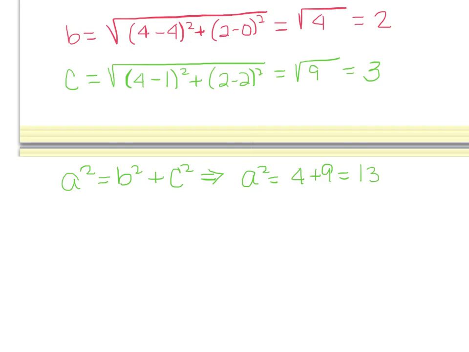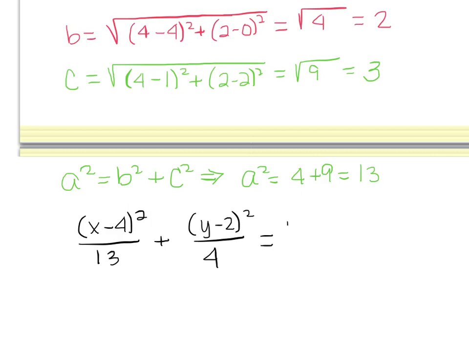So we end up with x minus 4, the quantity squared, divided by my a squared value, which is 13, plus the quantity of y minus 2 squared divided by my b squared value, which is 4, and this all equals 1.